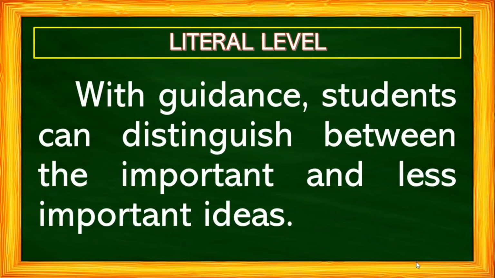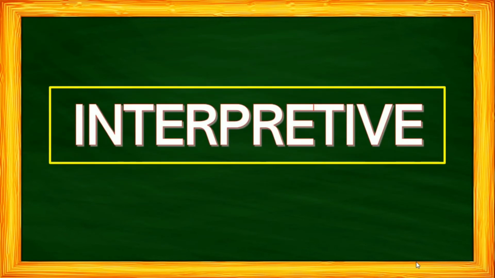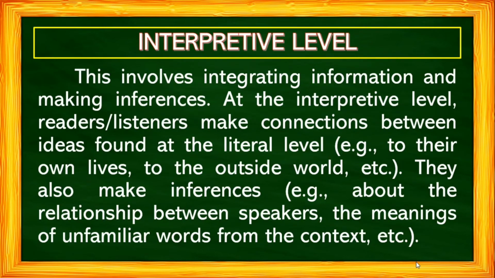Now let us proceed to the second level, which is the interpretive level. Interpretive level involves integrating information and making inferences. At the interpretive level, readers or listeners make connections between ideas found at the literal level, example, to their own lives, to the outside world, and others.